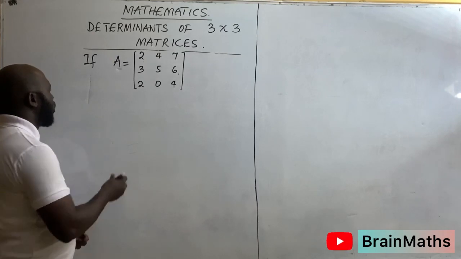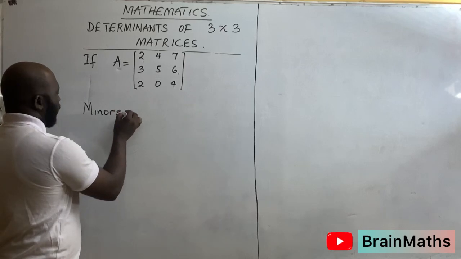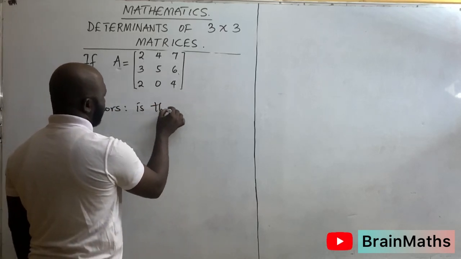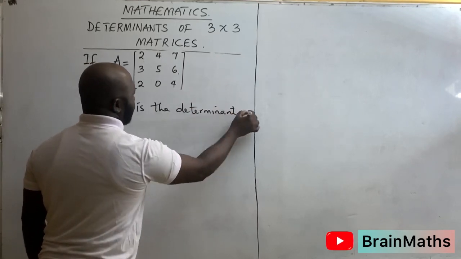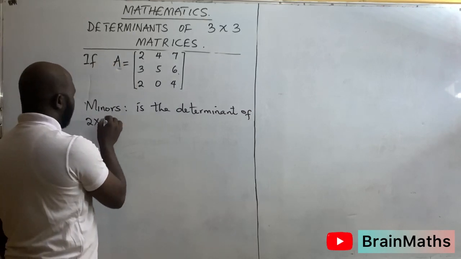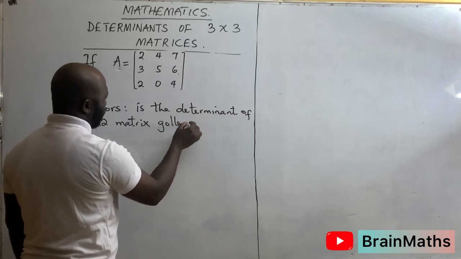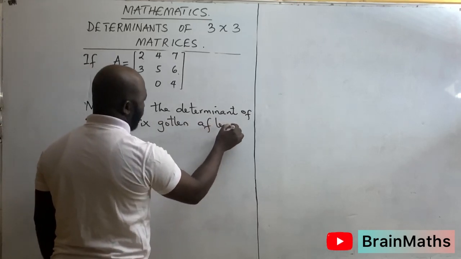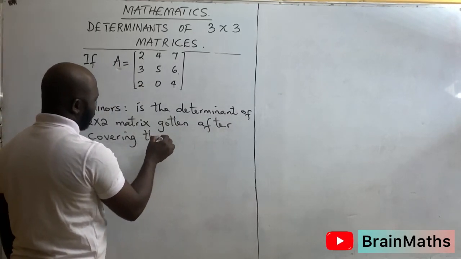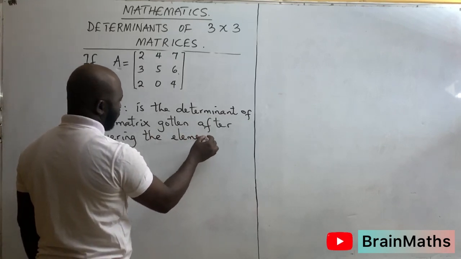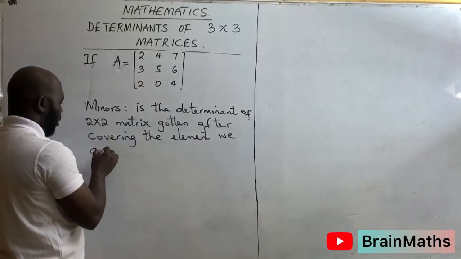The first one is what we call the minor. It is the determinant of a 2 by 2 matrix gotten after covering the elements we are using.